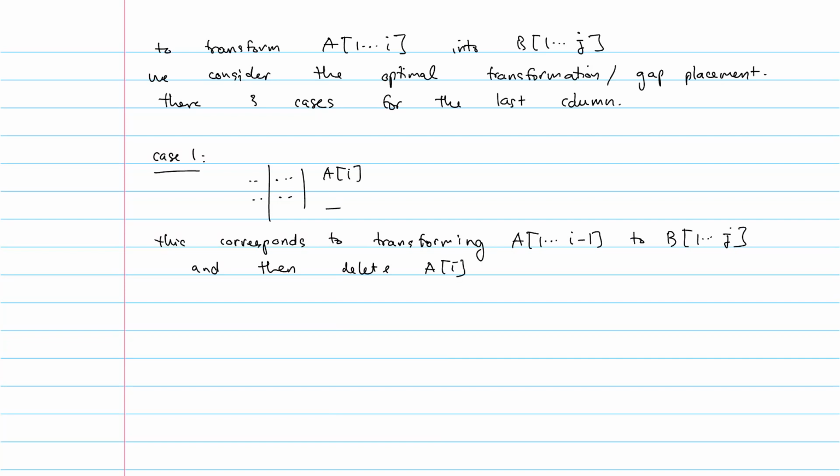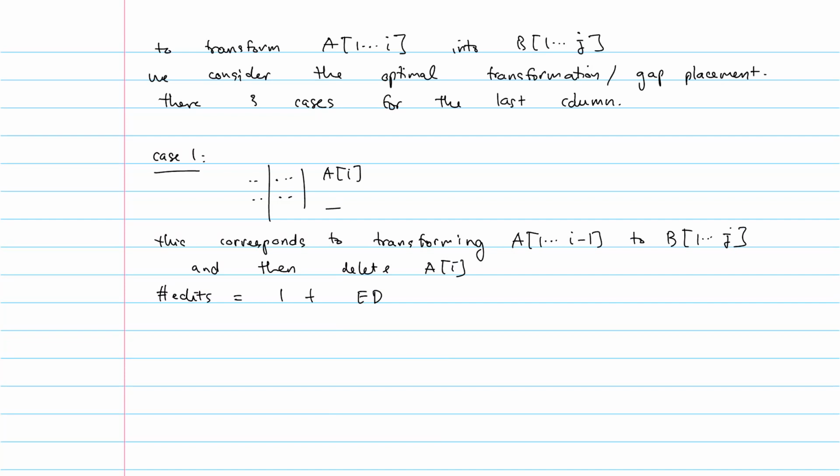So the number of edits in this case would be 1 for the deletion plus the minimum number of edits to transform A1 to Ai minus 1 to B1 up to Bj.